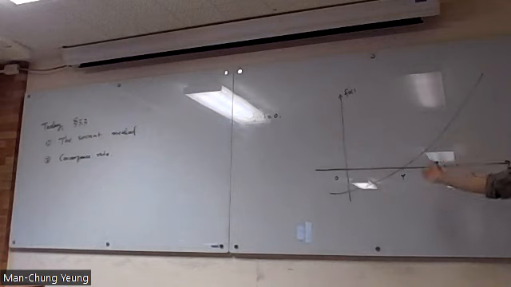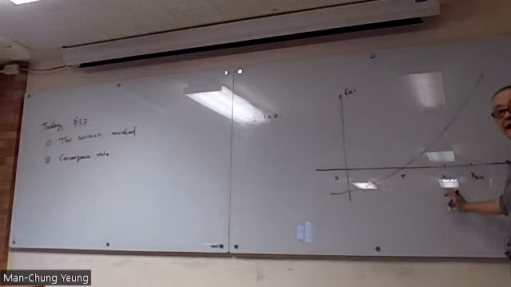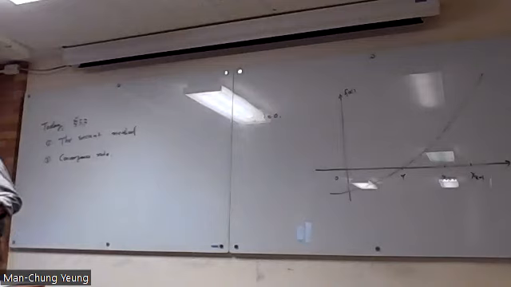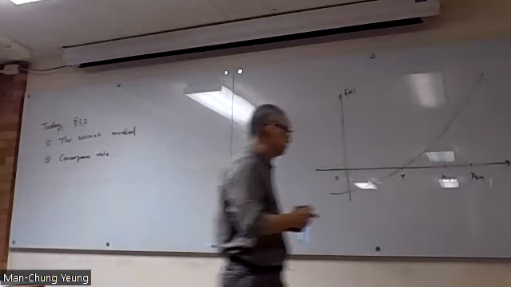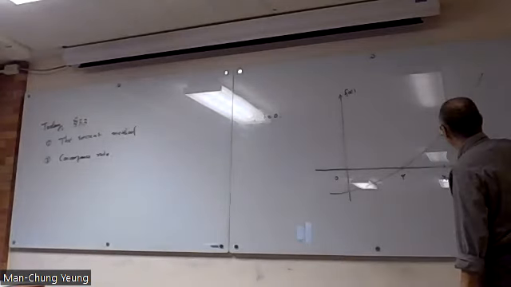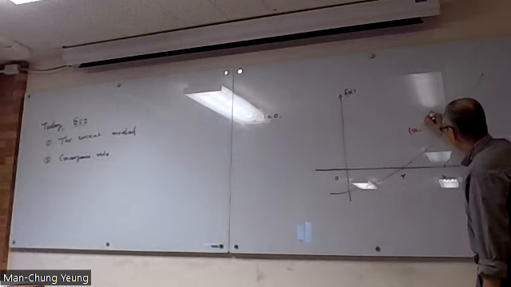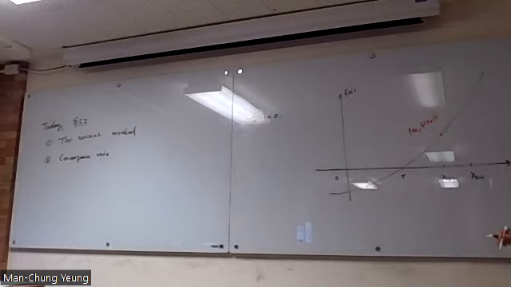Now let me draw a secant line by using these 2 points. Corresponding to x_k, we have a point on the graph, here: x_k and the function value at x_k.